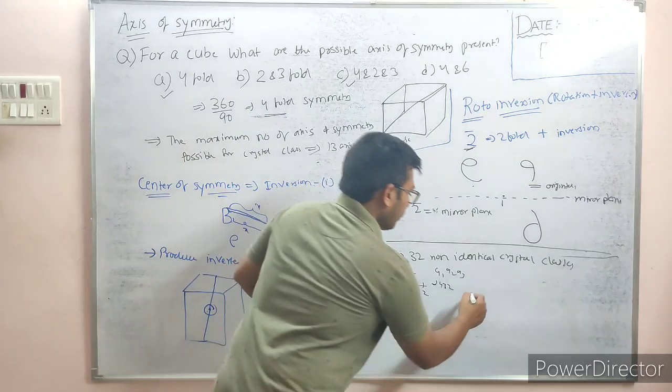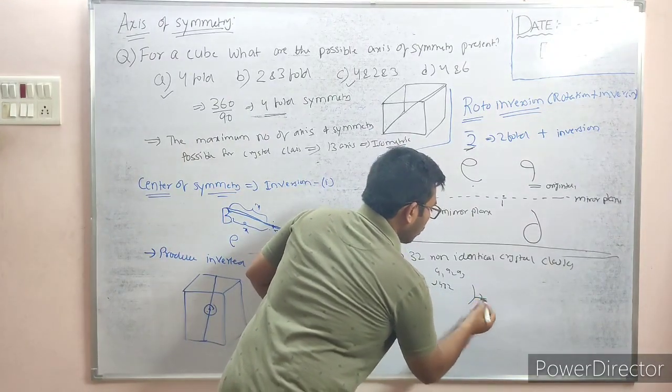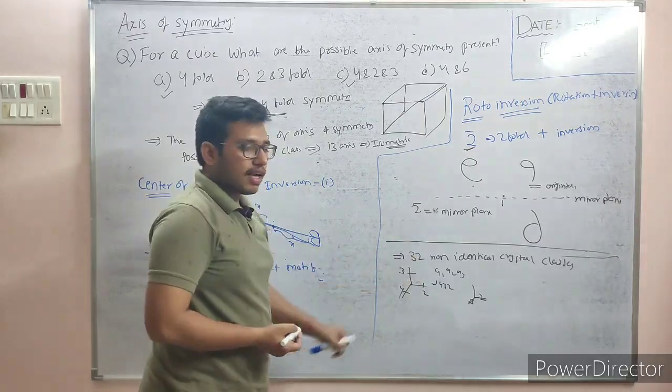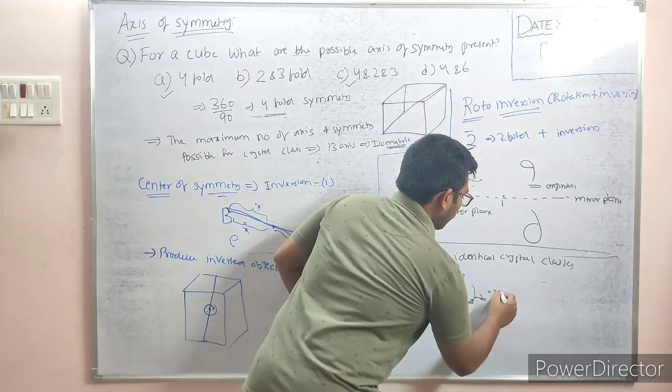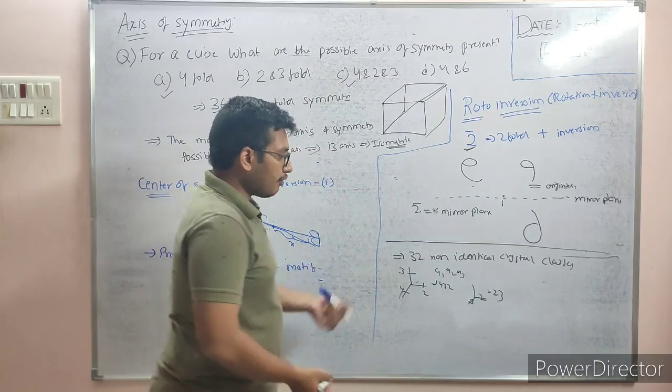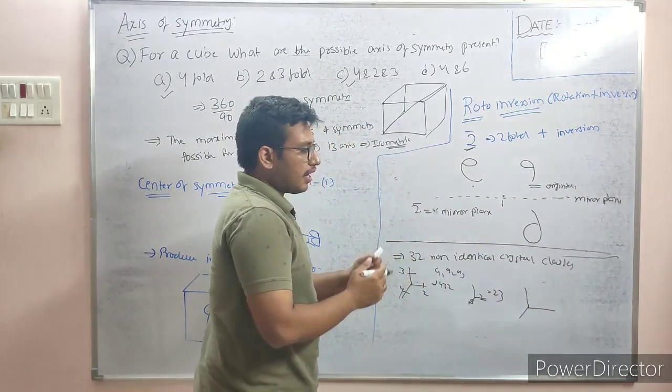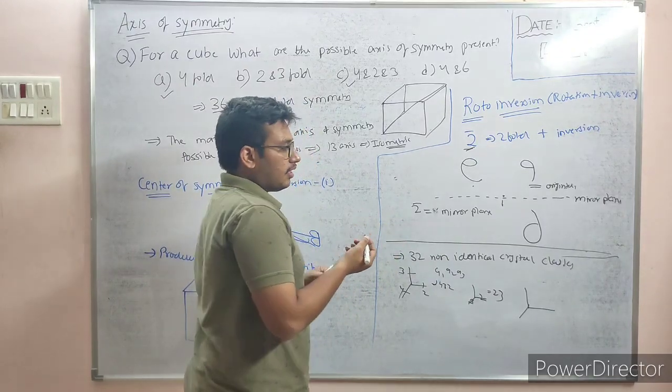Now if I am putting only 2 on one axis and a 3-fold rotation on another axis, it will form another class which is 23. Like that, if I put them in many positions, as these axes are oriented, it will form many classes in that system.